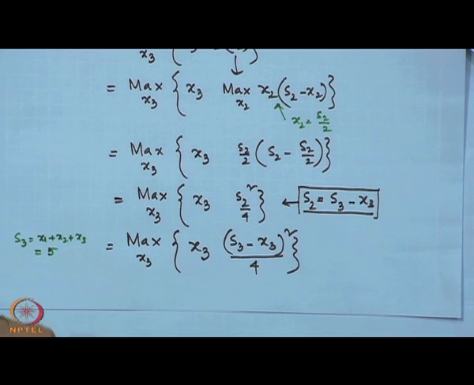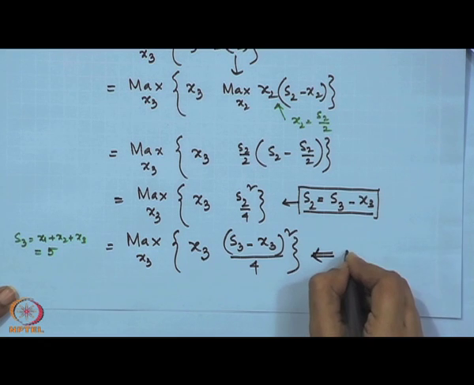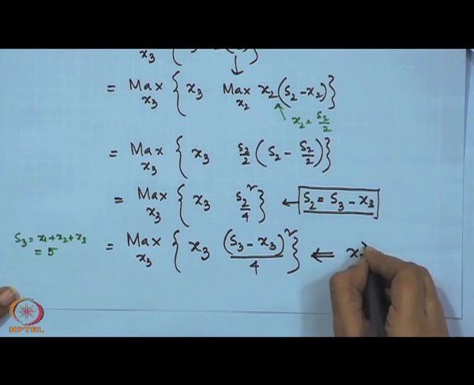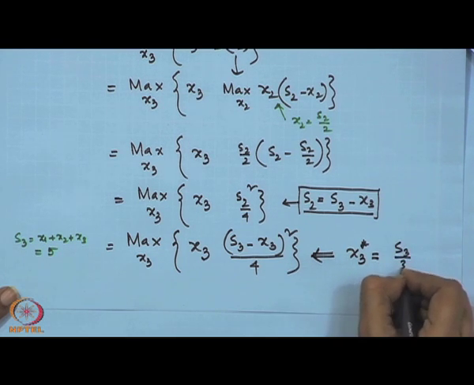Again the same technique, the differential calculus method, we will apply here, and we will get the relation. By applying the differential calculus technique, we will get x3 star, that is optimal, equal to s3 by 3.